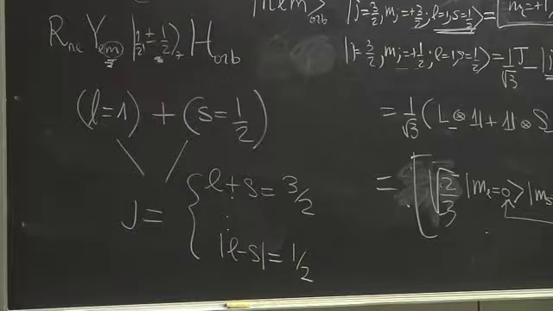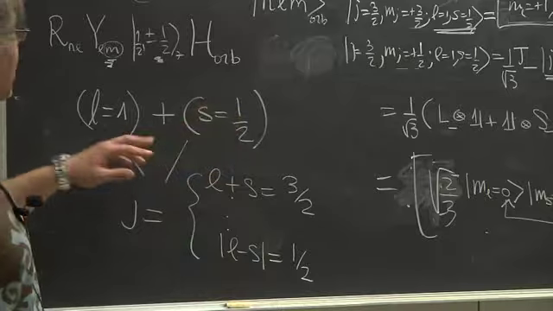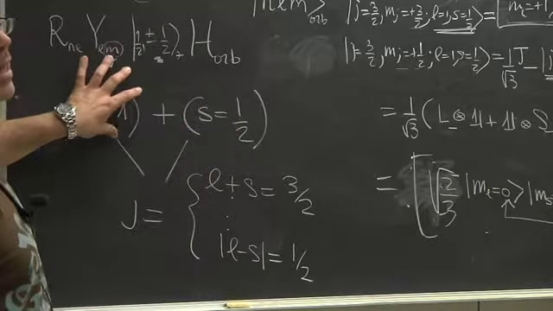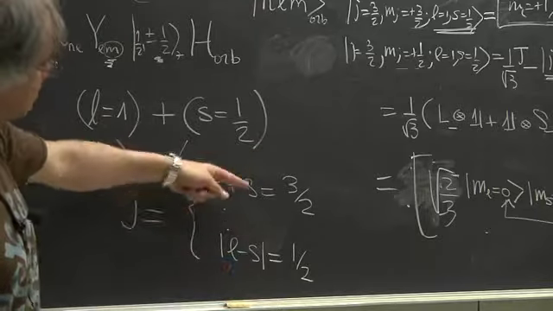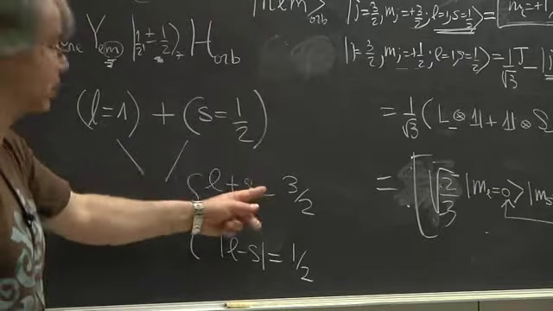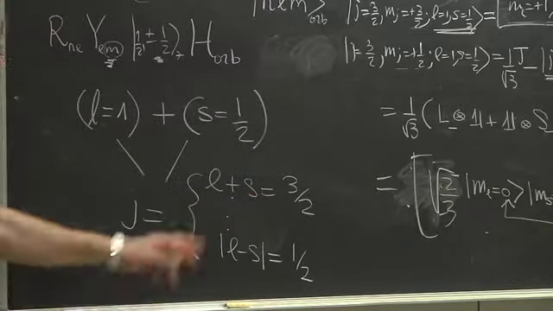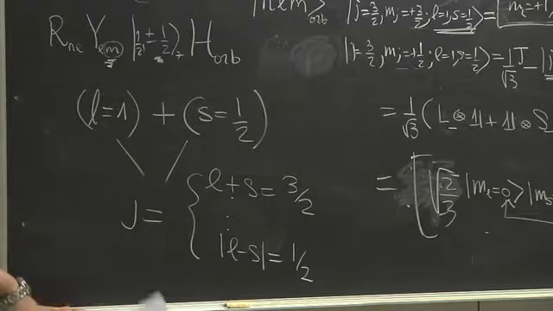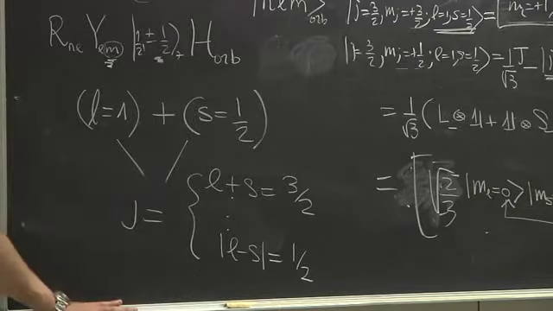Now, this might seem like a trivial case, but in general, you could have higher L and even higher spin, and these 2 things might be several half integer or integers distant by 1, okay? The J that you construct are all with the same, in this case, all half integers.